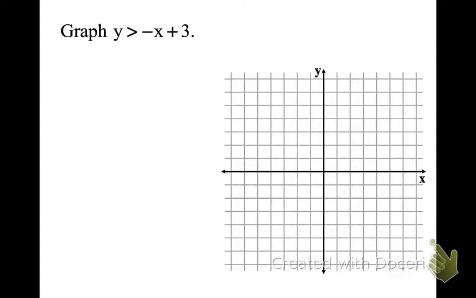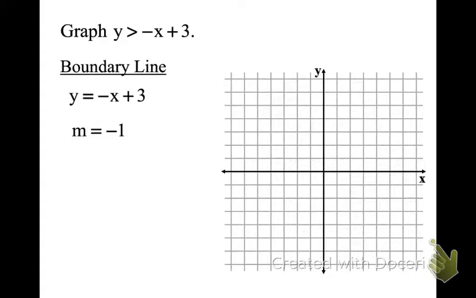Let's try it. Dakota, what's my m? The m is -1. Good. And what's my b? 3. Good. And where do we start by graphing? You start 3 on the y-axis. Good. And then you go -1, down 1, over 1, to the right or to the left?